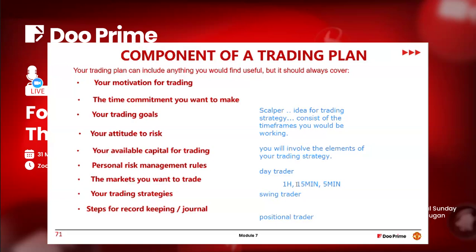So I'm just giving you an example. Before you enter, that is a strategy. You go down to your risk management again, there will be a part for risk management. In that part, you're telling yourself, my entry, I will risk 2% of my account.